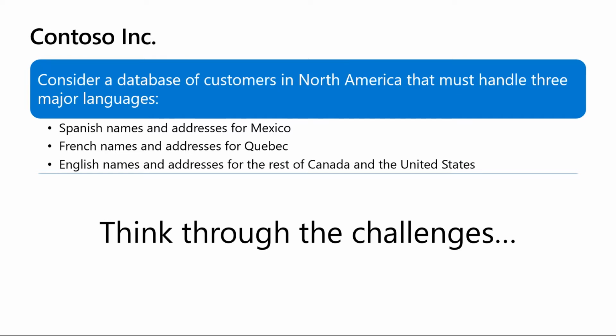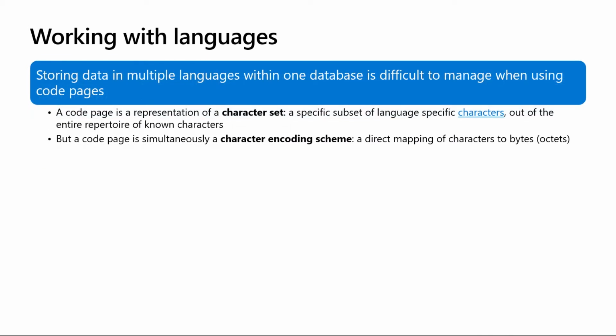Let's think through the challenges that this company may have when handling languages. Storing data in multiple languages in a single database is a difficult proposition. You need to make sure that you select the code page that can represent all the characters from all the languages that you're trying to store. And a code page is a representation of both the character set, meaning a specific subset of all the known characters that are specific to that language, but it also sets how the characters get encoded, how a character set gets mapped into bytes.